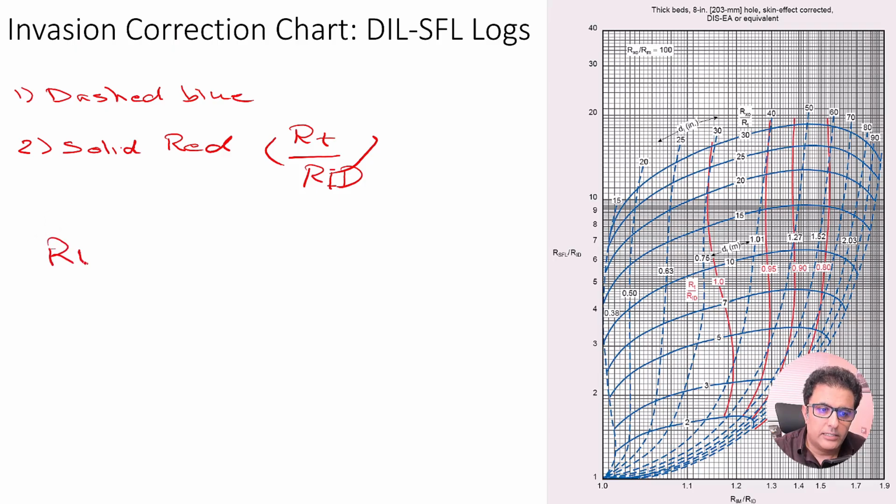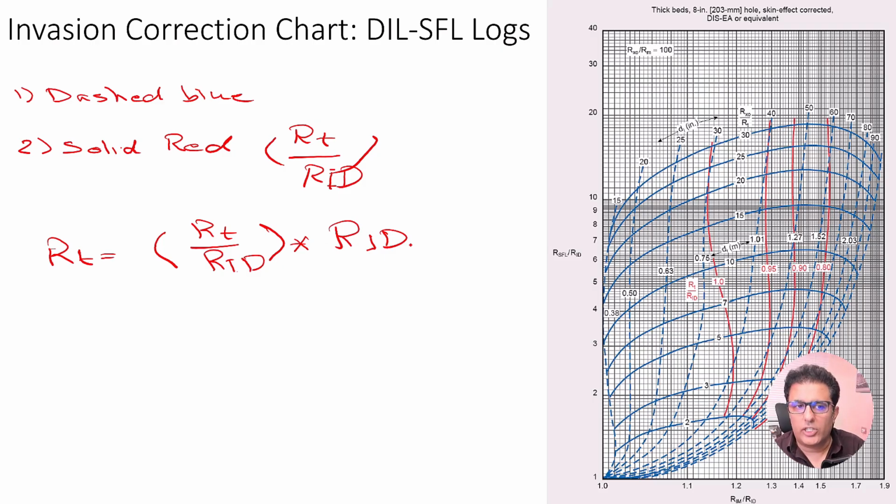RT is obtained by multiplying the RT over RID ratio that you read from the red curves times the value of RID that you read from your log data. And then, in addition, you see blue curves.